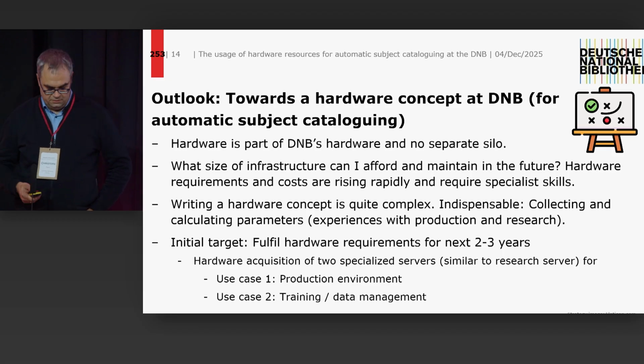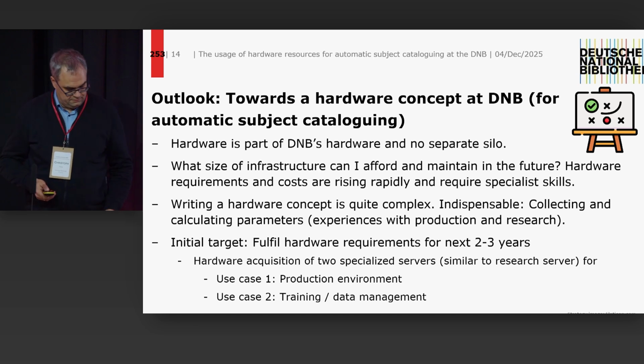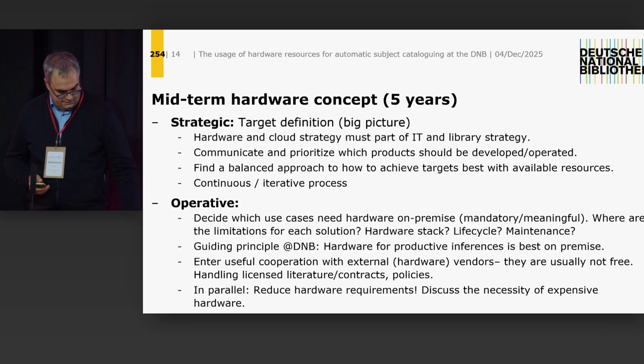One server is for data management and training, and the other one is for prediction, and we use it in our VMware infrastructure. The research infrastructure will follow with a slight delay because it's quite cost intensive. Last but not least, these activities are part of our midterm hardware concept, including, of course, the automatic subject cataloging.